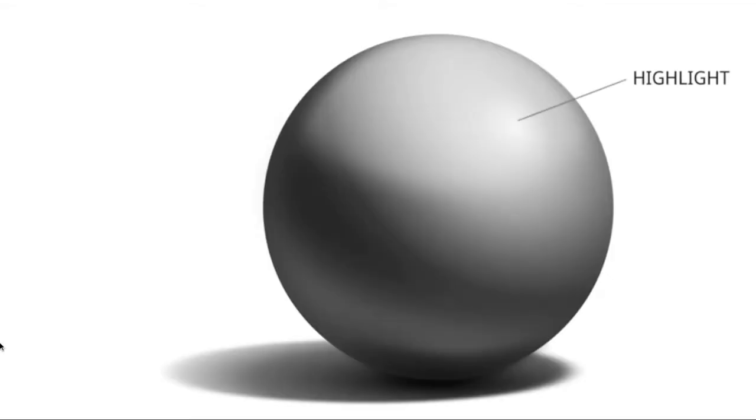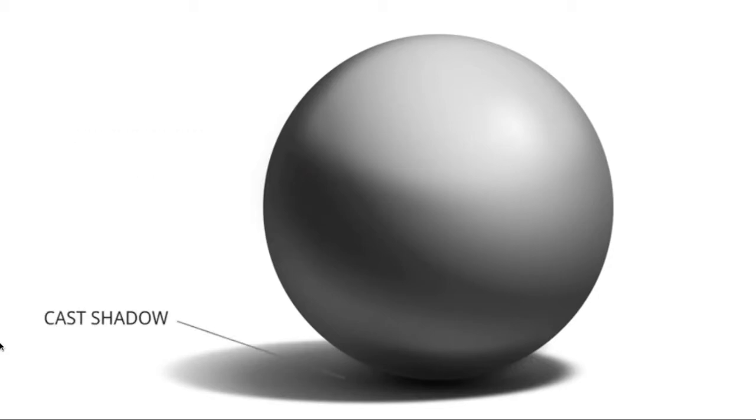We can create an illusion of a form by understanding how light reacts on the object. The highlight is where the light is hitting the object directly. It is usually represented by the lightest value of the color. The shadows are where the light is not hitting.